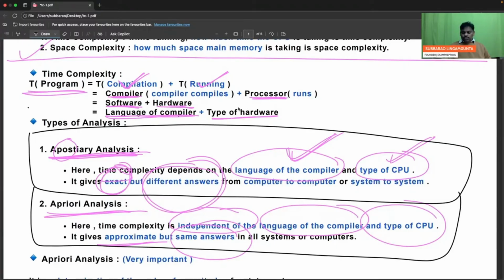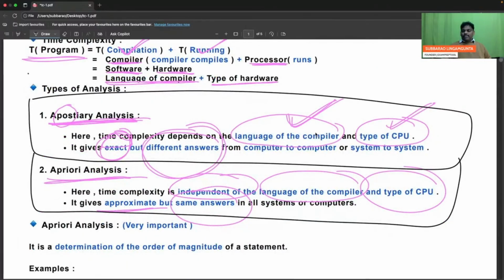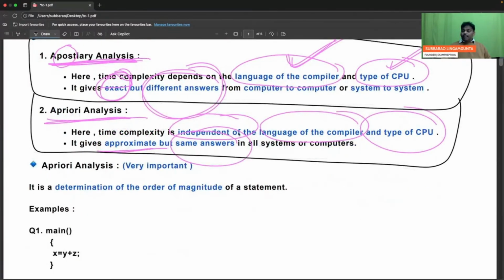Suppose you know these two real things, and according to that you give the answer, that is called post-theory analysis. Post-theory analysis is dependent on language of compiler and type of CPU. Real things you are taking, then you will get the exact answer. The problem is system to system, different time complexities will come. Priori analysis is independent of language of compiler and type of CPU.